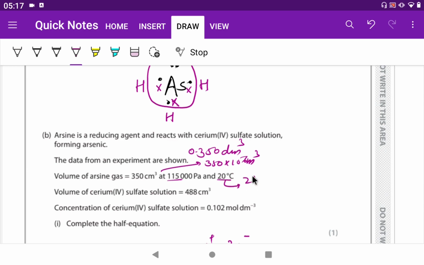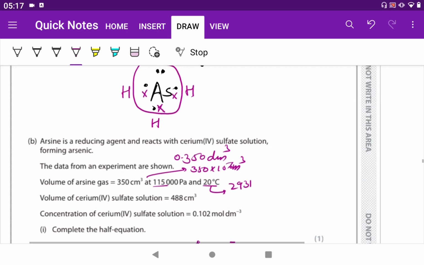So 293 kelvins. The volume of cerium(IV) sulfate solution is this, and the concentration of cerium(IV) sulfate solution is given.